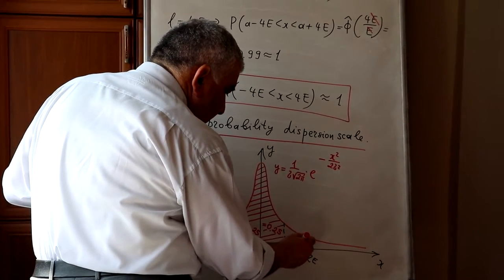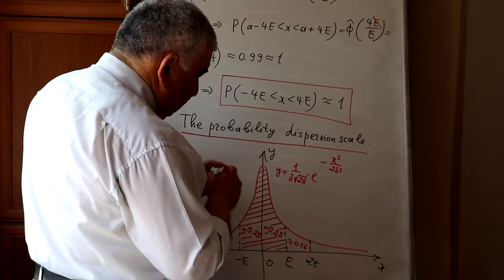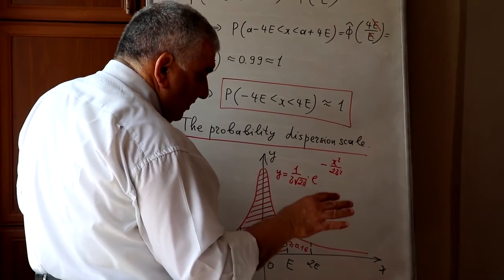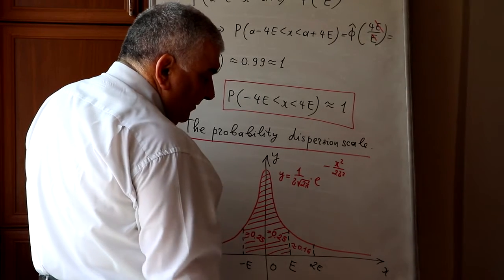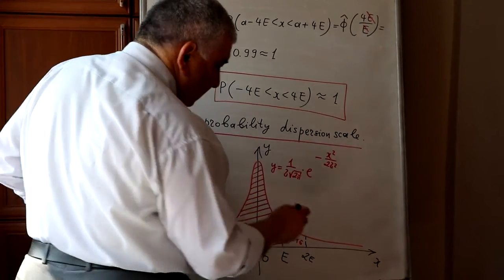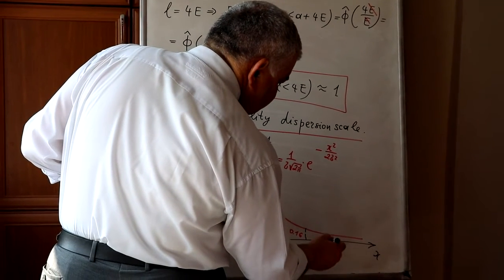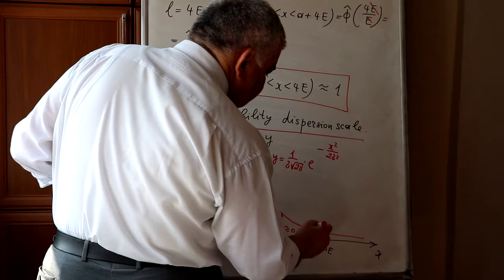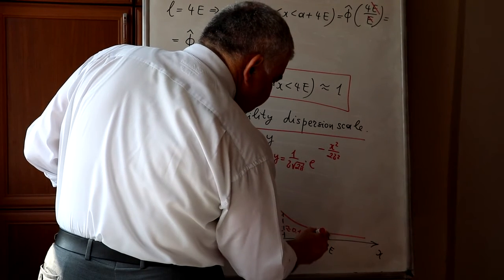Approximately 0.16. Then the probability that a continuous random variable with a normal distributive density will be situated in the interval 2E to 3E is approximately equal to 0.07.